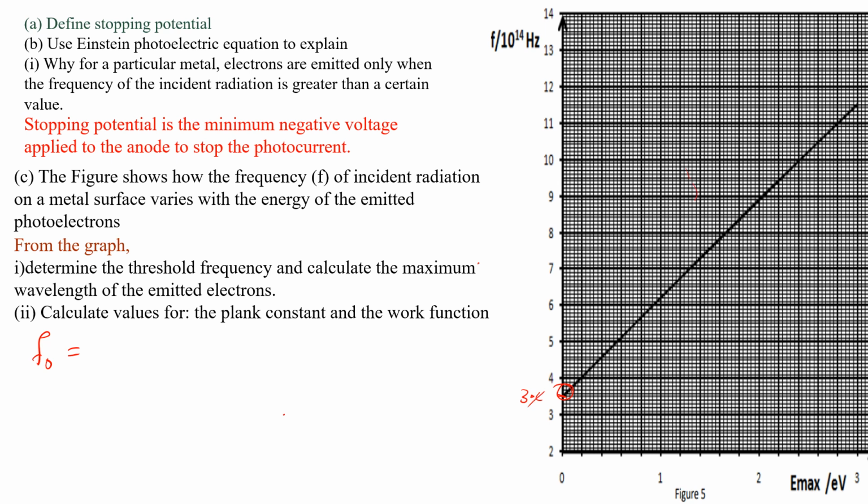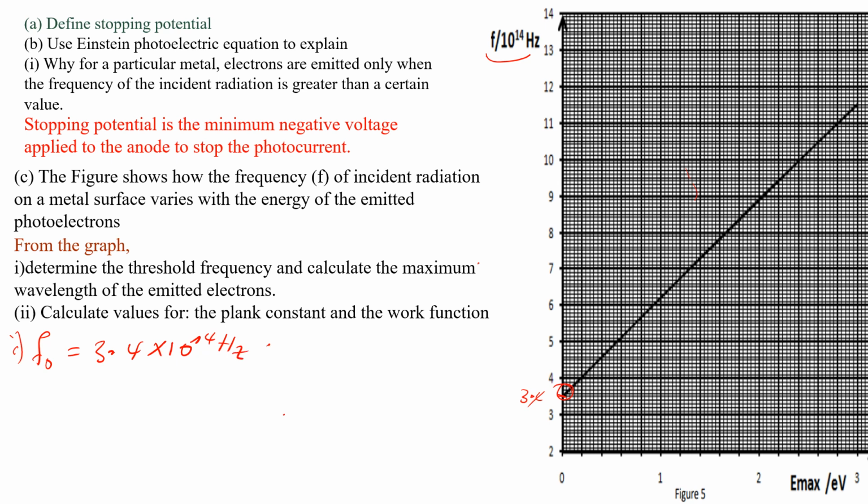But remember, the frequency above is given times 10 to the power 14 hertz. So we can deduce from the graph that the threshold frequency, that's Roman 1, is 3.4 times 10 raised to the power 14 hertz.